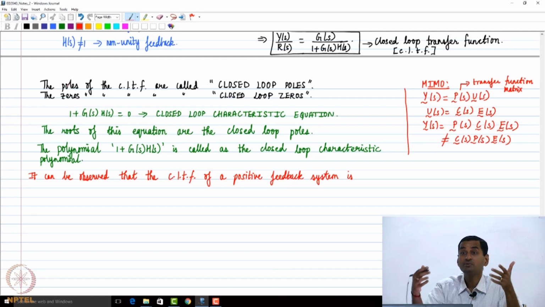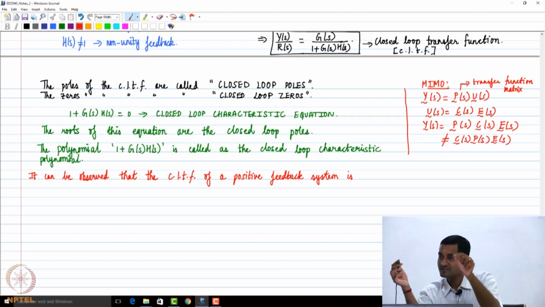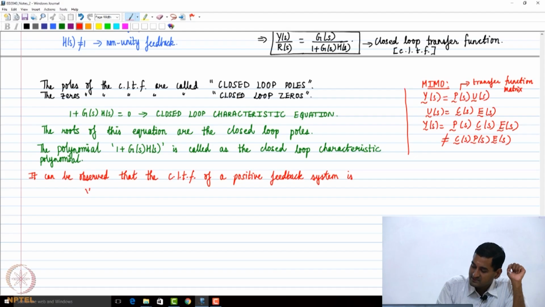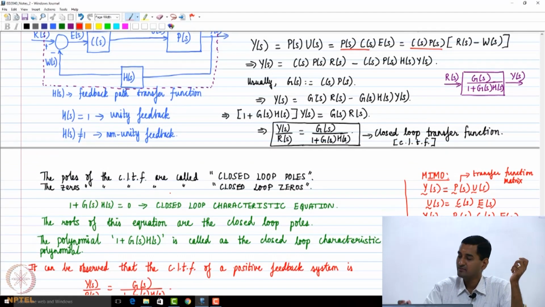If you encounter a system with positive feedback, that means the only difference is that at the summing junction you have two plus signs instead of a plus and a minus. So immediately you will see, and you can derive this as homework, what is going to be the only difference? The denominator will become 1 minus G(s)H(s), because this minus is going to become plus.